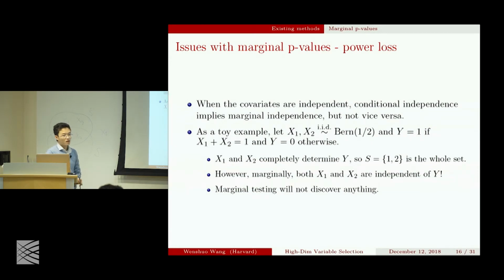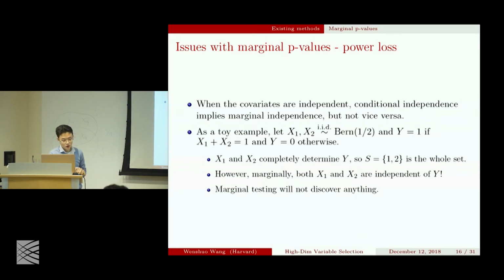Okay. So what about the simple cases where the covariates are independent? So there are no dependences among the Xs. Then conditional dependence will imply marginal dependence, but not vice versa. So this is a very simple toy example. If I have two IID Bernoulli half random variables, that means they are independent and they are 1 or 0, both with probability a half.